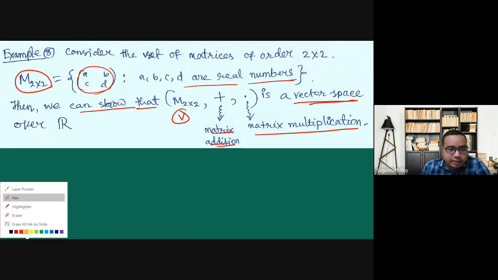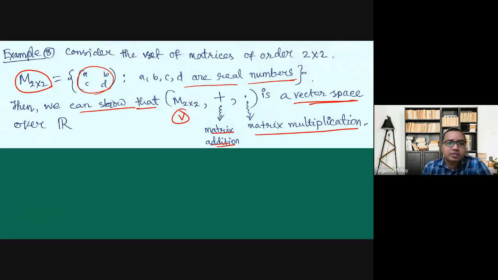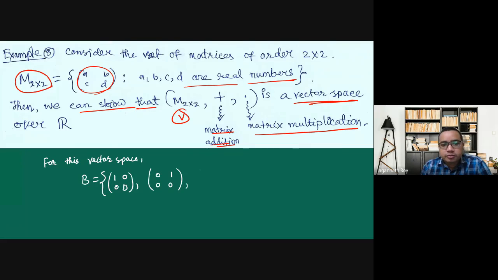Here, if we take the standard basis for this matrix vector space, B consists of the matrices (1, 0; 0, 0), (0, 1; 0, 0), (0, 0; 1, 0), and (0, 0; 0, 1).